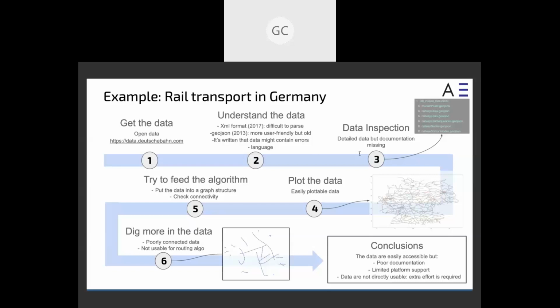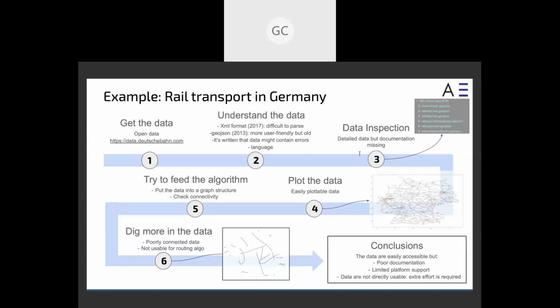What's next? We plot the data, we inspect it visually. This is quite easy, and then we need to go through the crucial step, which is mapping. We need to take this data and map it into a graph. And a graph, if it's not properly connected, if you don't connect the dots properly, then you cannot route through the whole graph.